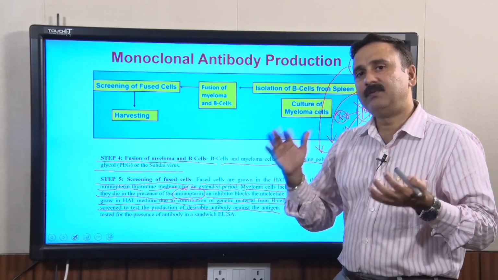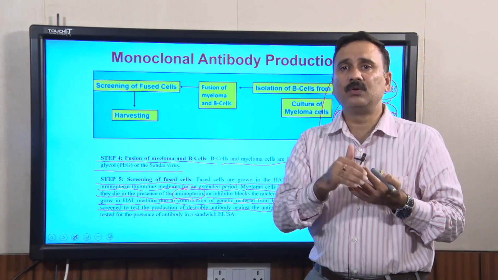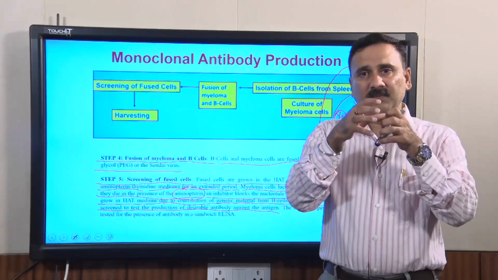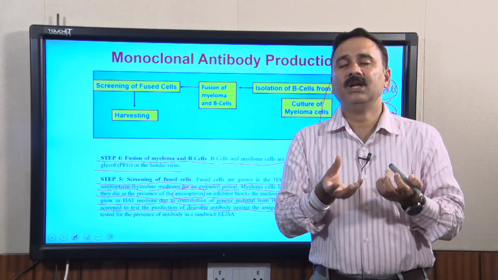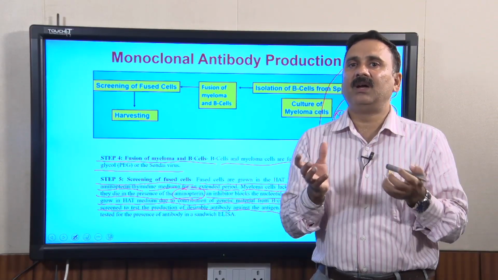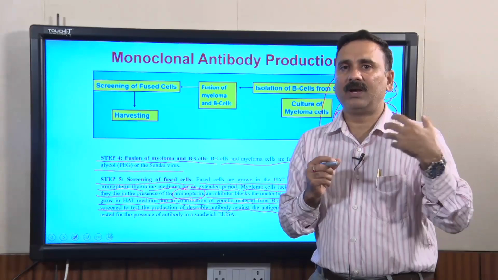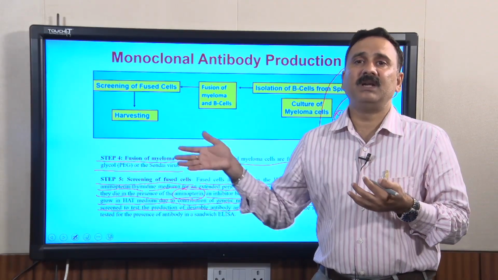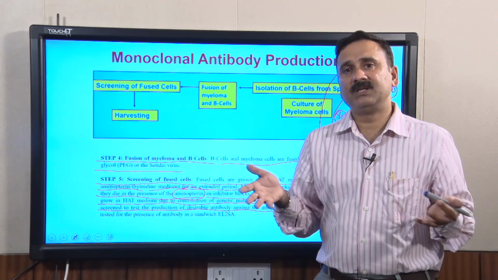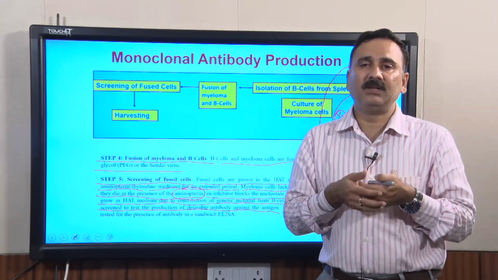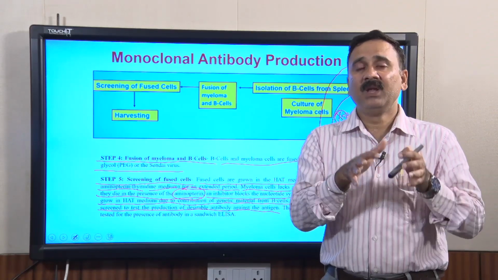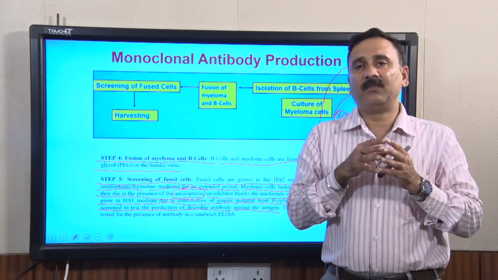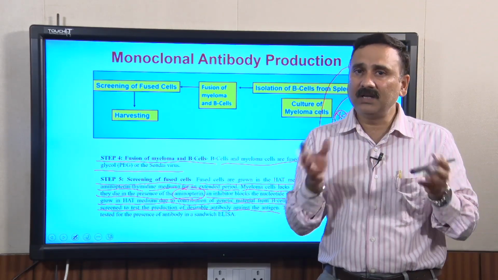Now, once you have the fused cells, they are also going to be screened with the help of the antigen, because when you isolate the B cells, the animal may have B cells for many different types of antigens to which it has been exposed. On the other hand, even within a single antigen, you could have monoclonal antibodies against different epitopes.